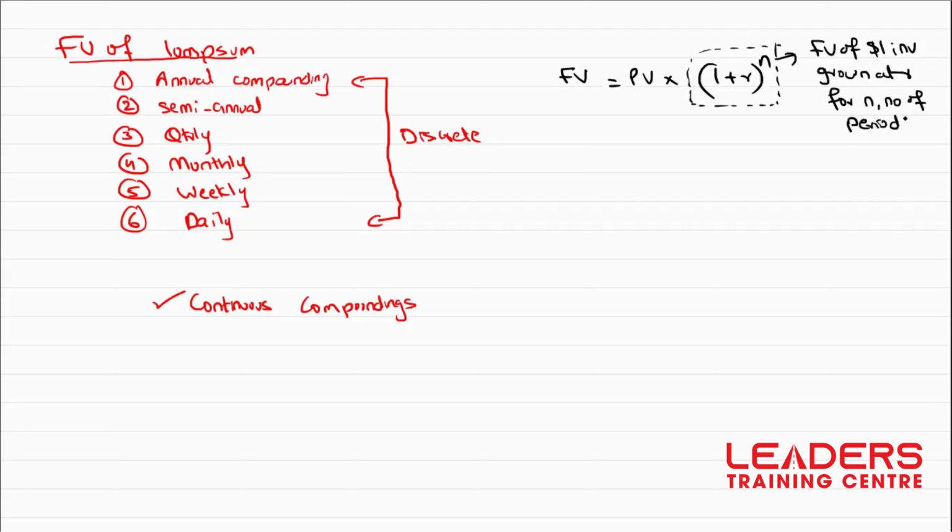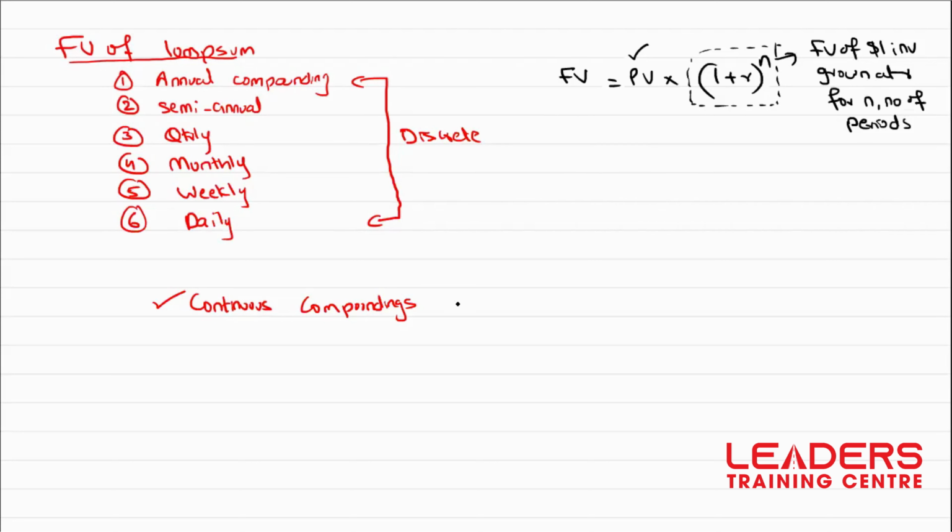In short, we can say this part of the formula just simply gives you the future value of $1. And if I can have the future value of $1, I can get the future value of any dollars. That is, we multiplied by the present value to get our future value. So that's an extremely important understanding that you should have, and I assume that you already know from the start when we actually discussed this.